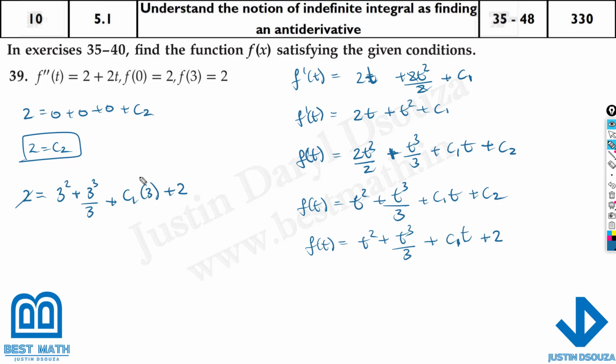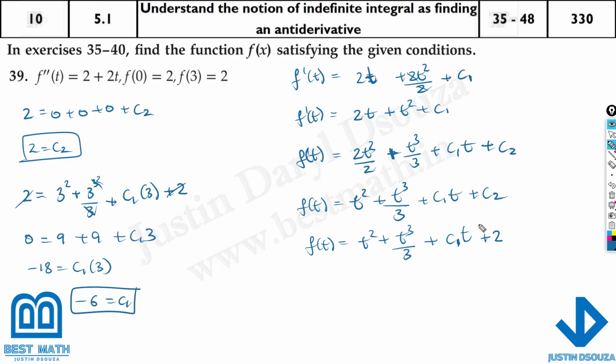So here 2 and 2 cancel off when it goes to the other side, and then you have 0 equals 9, and over here 3 cancels, so you have squared again, plus 9, and over here C1 times 3. 18 to the other side is minus 18 is equal to C1 times 3, and when you cancel it, minus 6 is equal to C1.